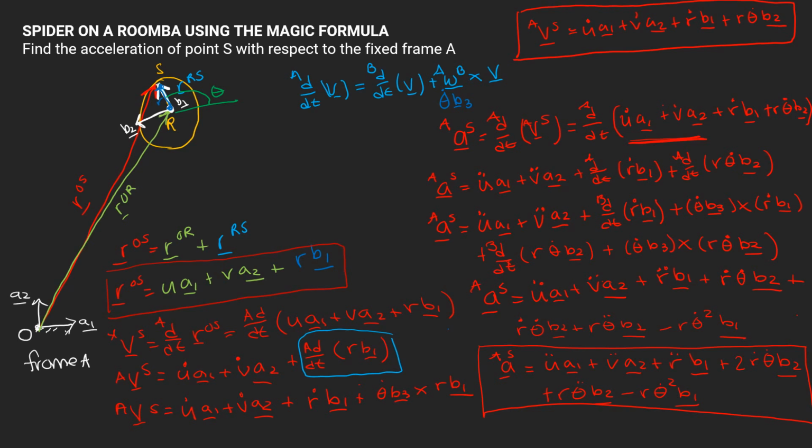And again, you can go back and check the correctness of this with your prior solution, plugging in the equations that describe b1 in terms of a1 and a2 if you would like. And so that's it. We'll go through a few more examples in the videos and also in class, but this is the general procedure for using multiple reference frames and for using the magic formula to find the derivative when you have a vector that's written in terms of the unit vectors of the moving frame.